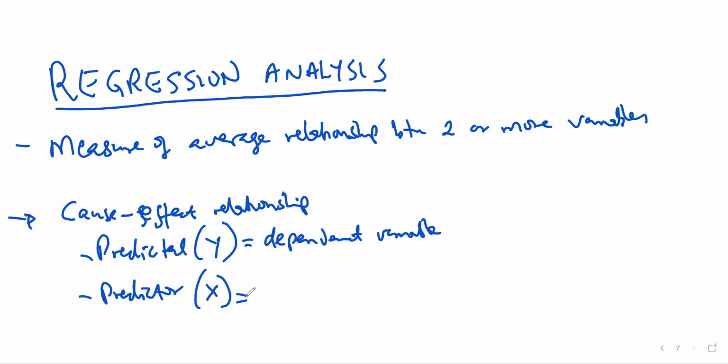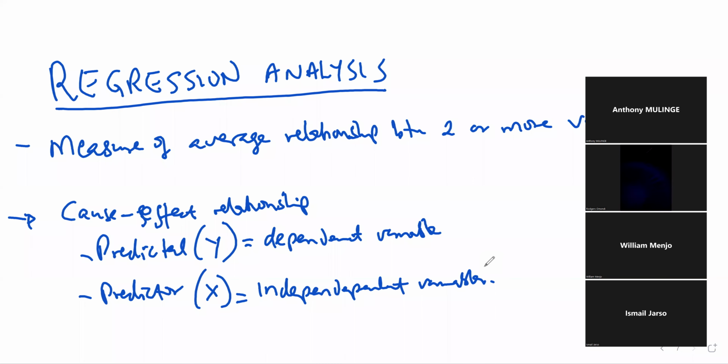And another name for the predictor variable is the independent variable. There are other names that can be used, but in this class, I'll only be using dependent variable or independent variable. Usually the predicted variable is explained by the predictor variable.